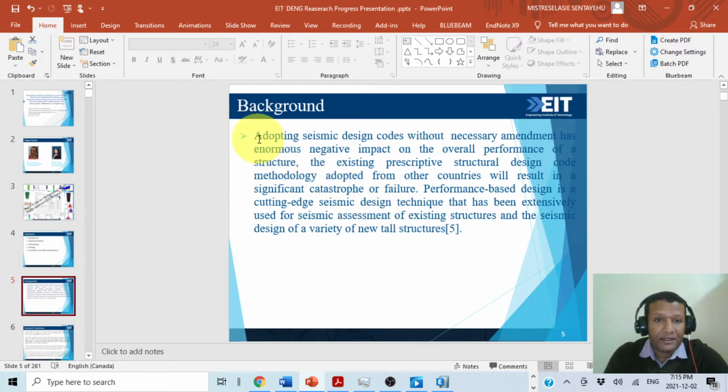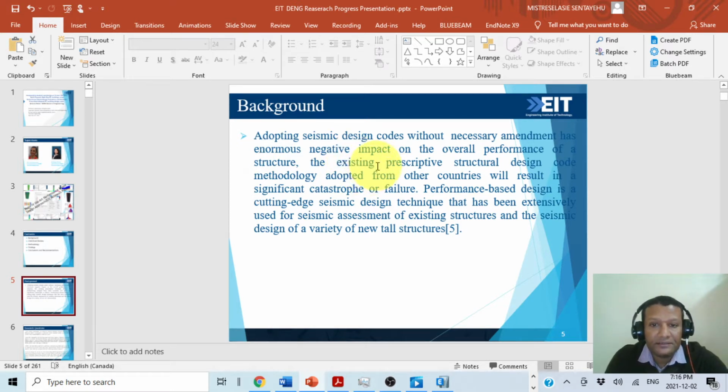This is the main idea of my research, because most countries simply adopt, as you know, ACI codes, UBC 94, 97, and IBC 2000, and so on, Indian, Japanese, and others. So some countries directly adopt the code and just use it for themselves without amending it. This is the first thing.